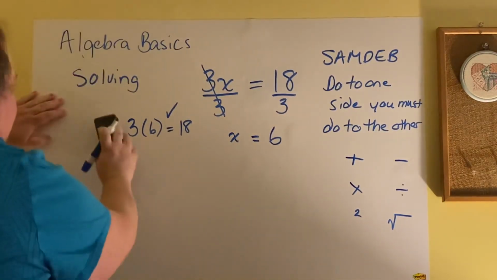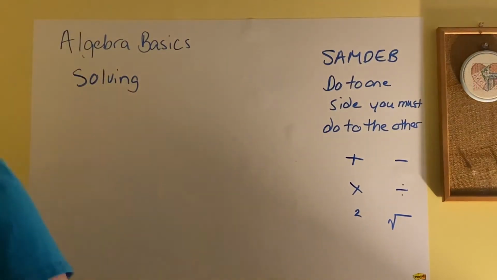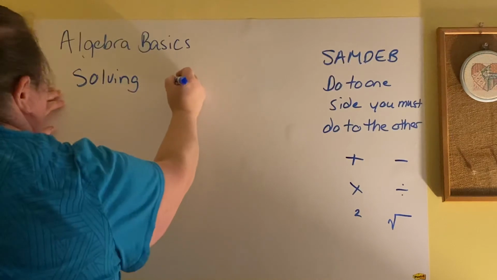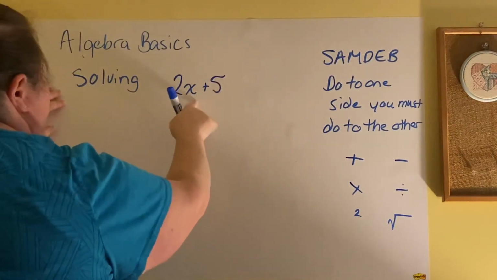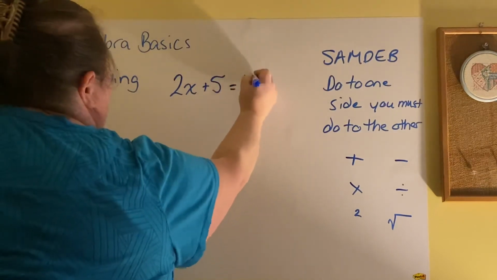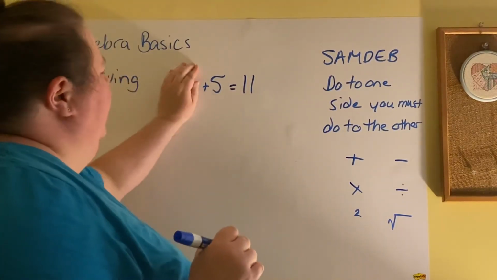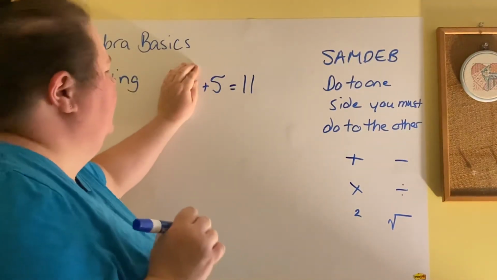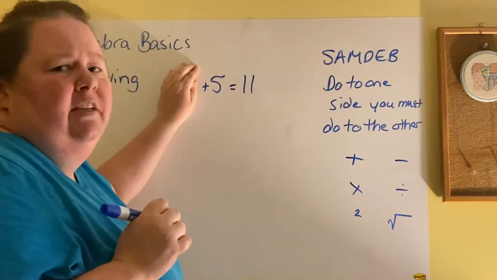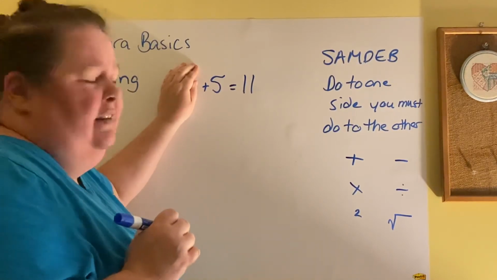So, for instance, if I had 2x plus 5, and I have it equals 11. Okay. Again, I can cover up that whole term that has the x, and I can say, what would I add to 5 to get 11? And the answer is, I would add 6.